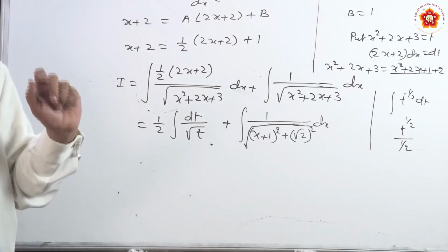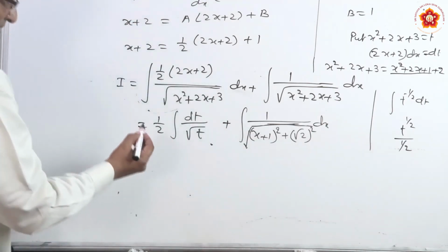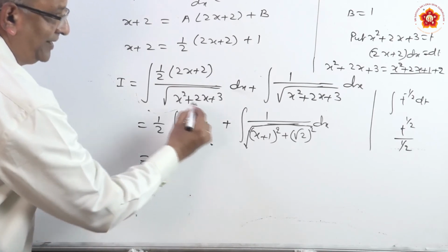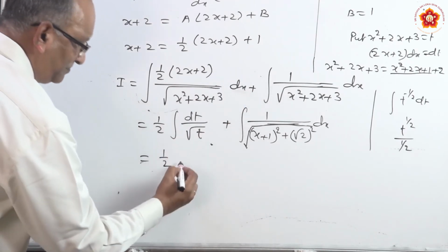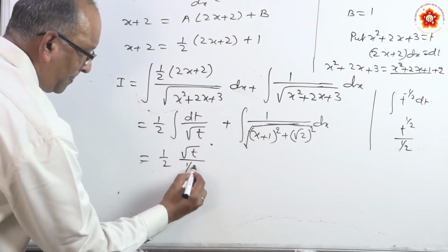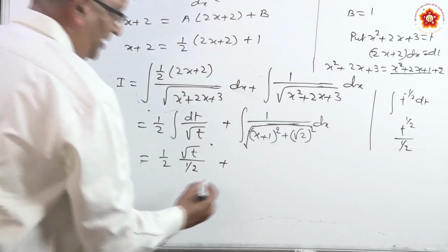Minus half plus 1 makes it half, and the denominator is also half. The 1 by 2 is already there. The integral is t to the power half, meaning root t by 1 by 2, plus, now apply the formula. What is the formula?